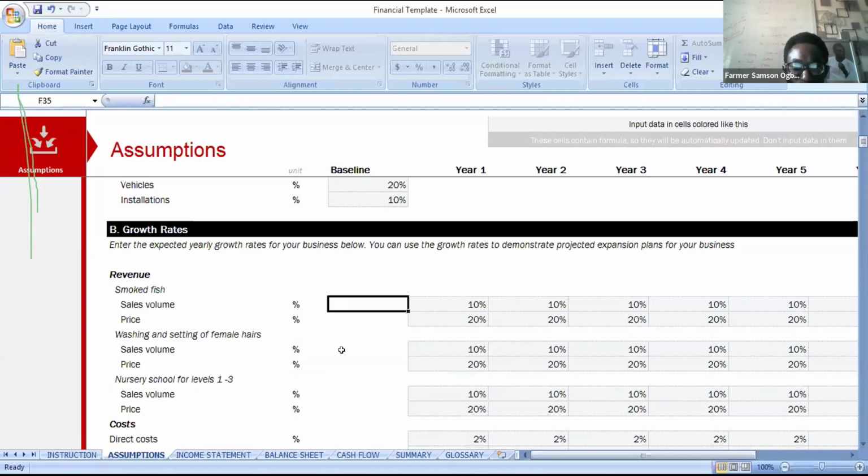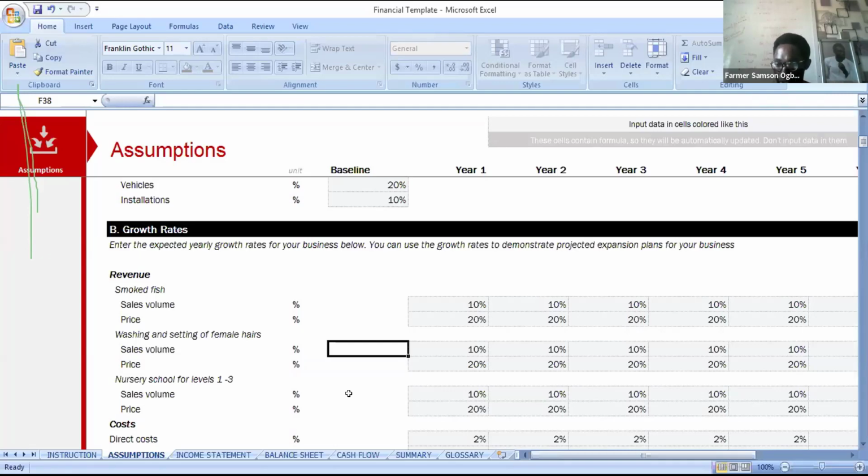The mommy that is washing hair, how many washing and setting do you do in a year? Nursery school of 1, 2, 3. What are the total number of students? When we equate them, how many would you say they are? Does that make any sense?